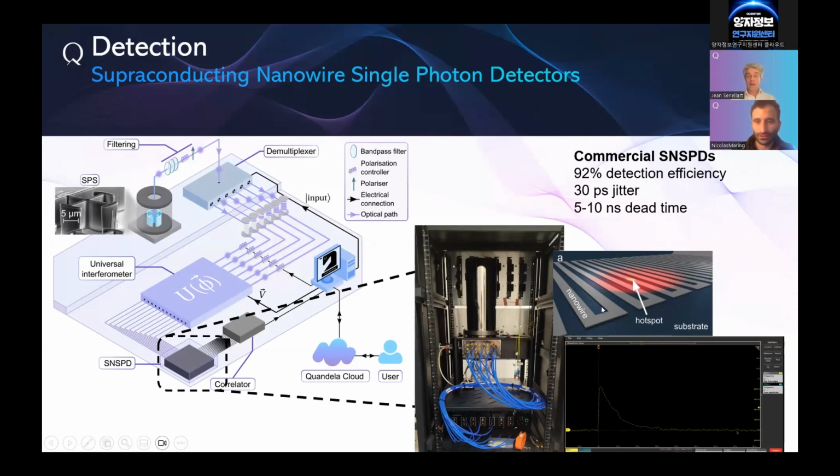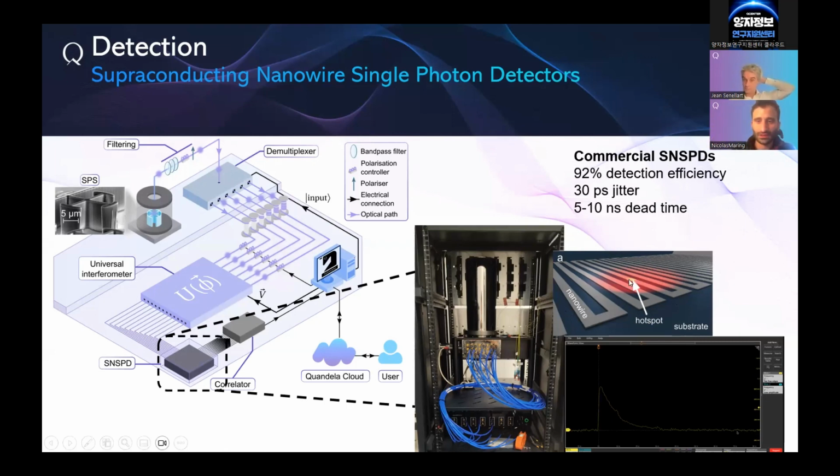It looks like an integrated photonic circuit, but here you have a nanowire made of superconducting material. On top of this nanowire, I'm not showing it, you have a fiber, and you also have a cavity coupling inside this system.